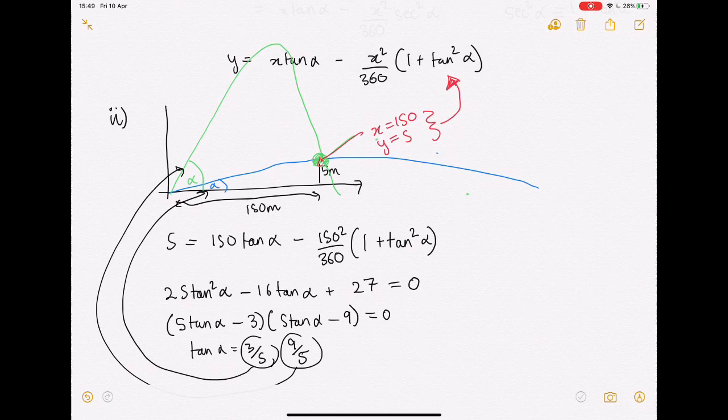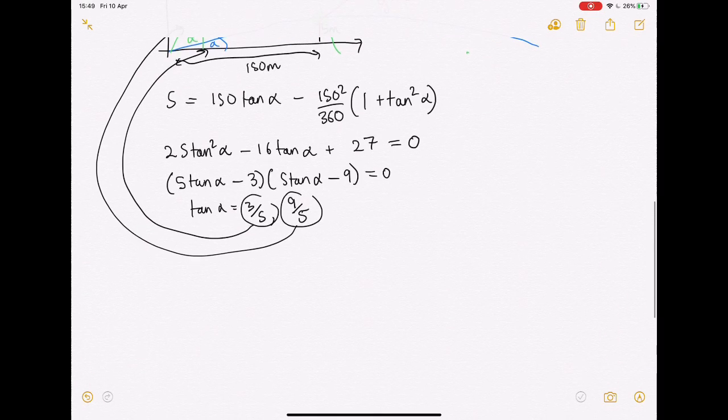Okay, part 3, we are asked to use the discriminant of the quadratic equation in tan alpha to find the greatest distance by which the golf ball can clear the tree and find the value of tan alpha in this case. So, firstly, I'm going to take our quadratic equation from part 1. I'm just going to expand it out and write it in the way we're more used to as a quadratic.